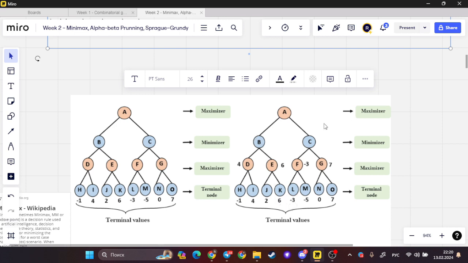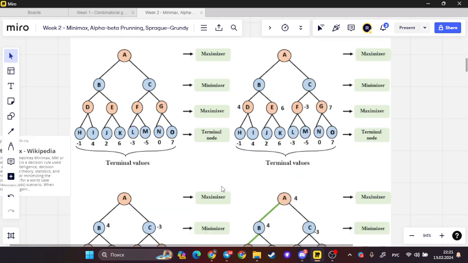For the first player, we need to maximize our evaluation. For the second player, we must minimize the chances of winning of the first player. So the first player wants to maximize it.